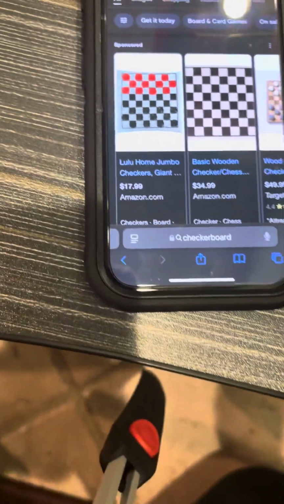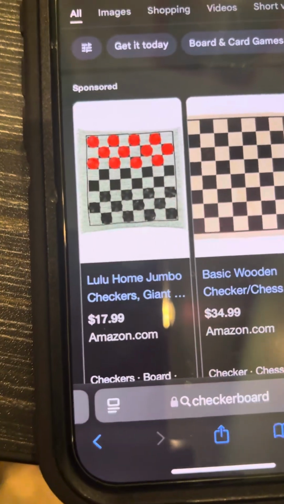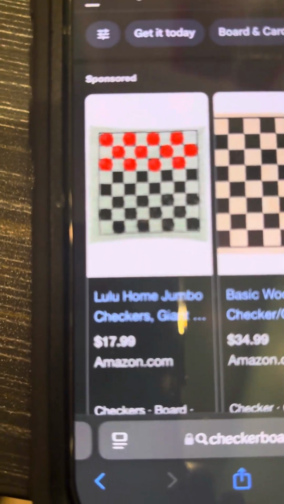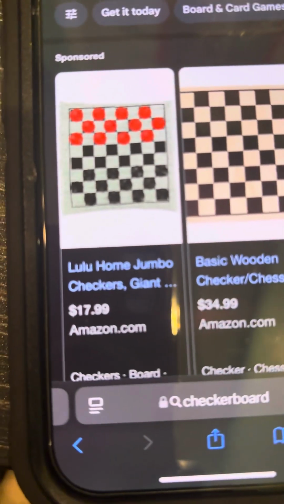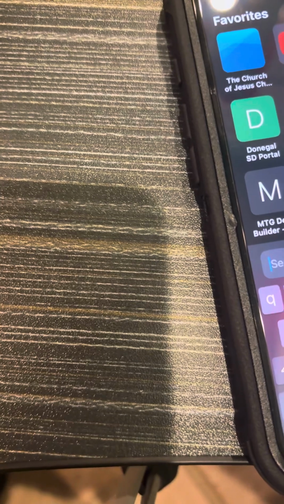Next one is tessellation. Tessellation is when objects are fit together, and the first thing I thought of was a checkerboard. We have checkerboards in our class, and see how they all are together. Also, another example is chess. Chess is also one of these, and I want to show you another one. Giraffe spots.